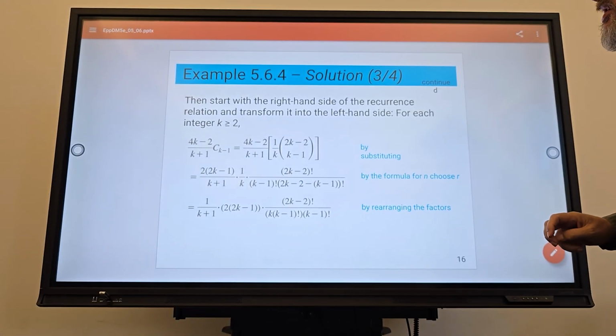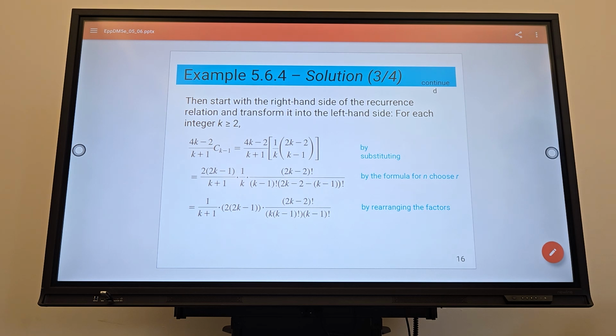All right? Then start with the right-hand side of the recurrence relation and transform it into the left side for each integer k greater than or equal to 2.